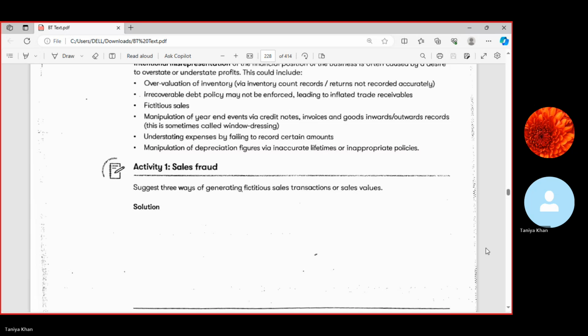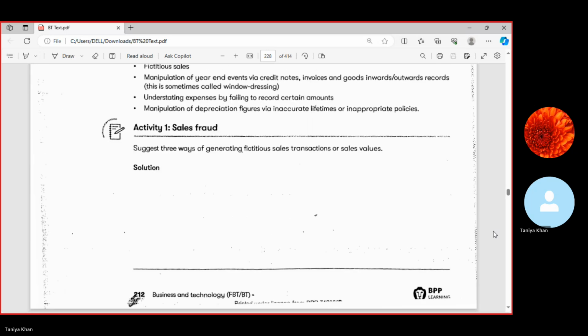Why? Because we know the formula for depreciation: cost minus residual value divided by useful life. So if actually useful life is 10 years only and we are showing it as 15 years, the amount of depreciation which we should show will be more than what we are actually showing. So this is manipulation of depreciation figure. And that can be done by showing inaccurate lifetime or inappropriate policies which have been formed by the company and which are followed by the company. Clear?